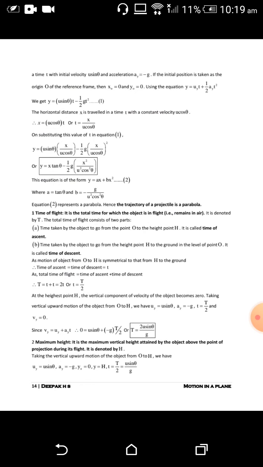It is denoted by the capital letter T. The total time of flight consists of two parts. The first part is the time taken by the object to go from the point O to the maximum height h. It is called time of ascent.